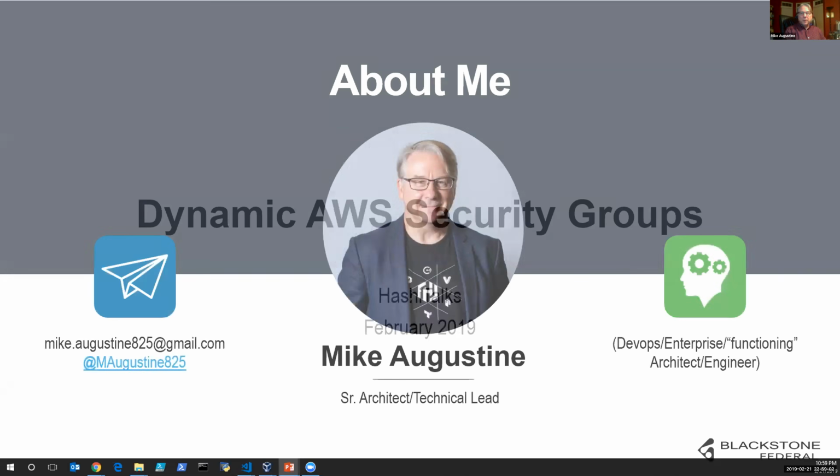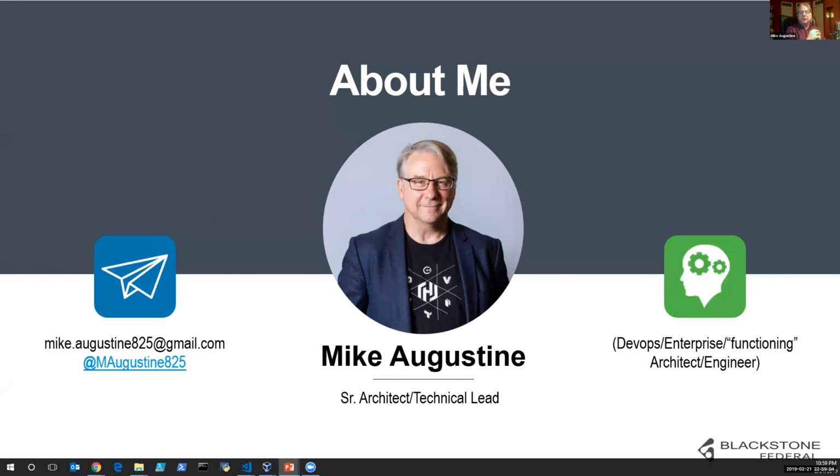A little bit about myself as we start in. I'm a senior architect at a federal contracting company called Blackstone Federal, and I've been in a lot of different roles in different industries, all in IT for a number of years.